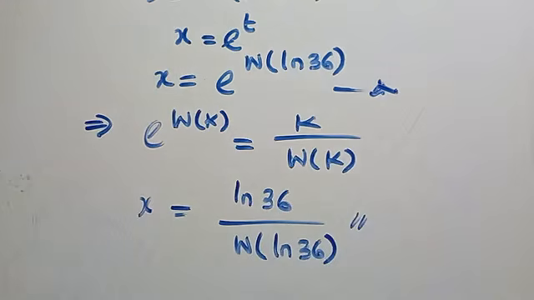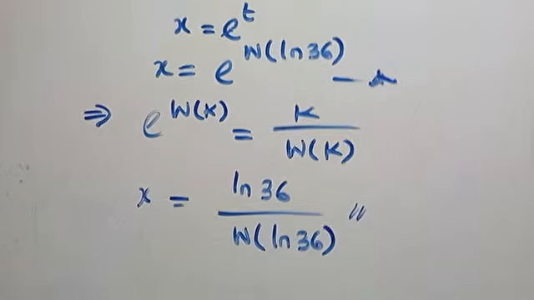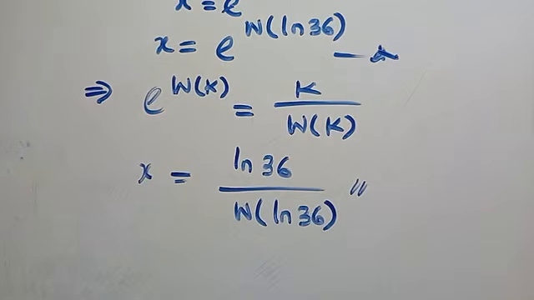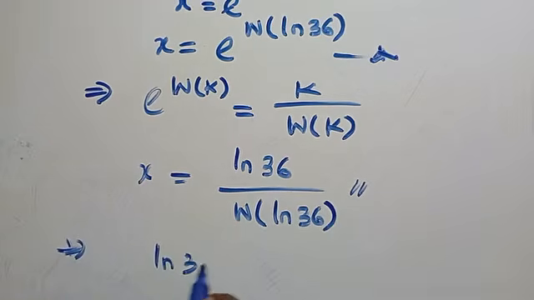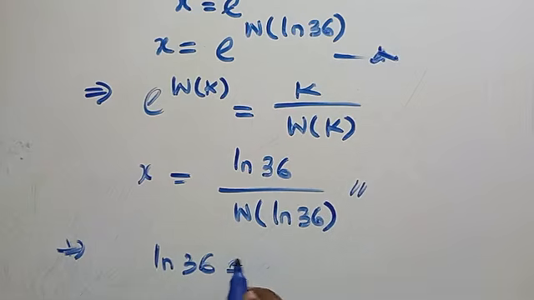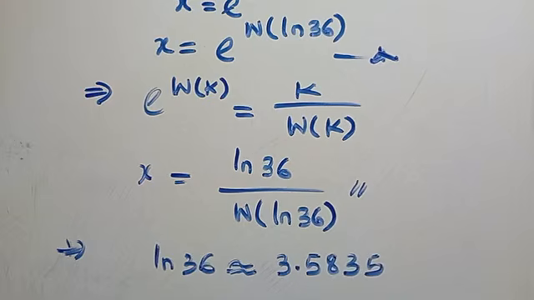But if you want to consider the numerical values of this, since I said the answer ranges between 3 and 4, note that ln 36 is approximately 3.5835.